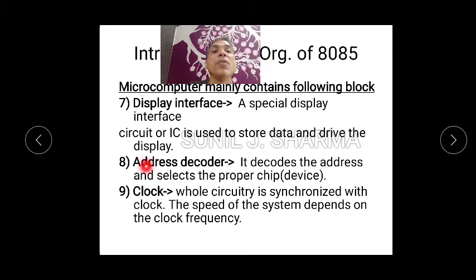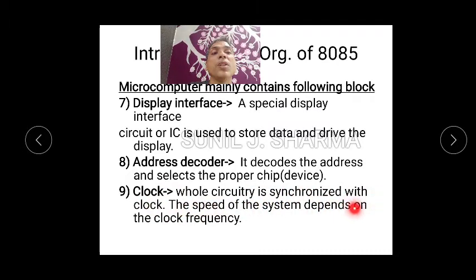Okay, now we will see the address decoder. It decodes the address and selects the proper chip. When you go through that diagram, I think this will also be there, because you should be able to decode, or understand, where it is telling you to store the data and all. Clock is very important. The whole circuitry is synchronized with the clock.